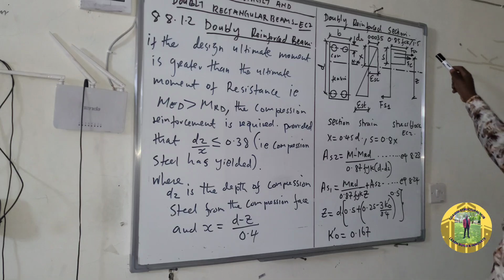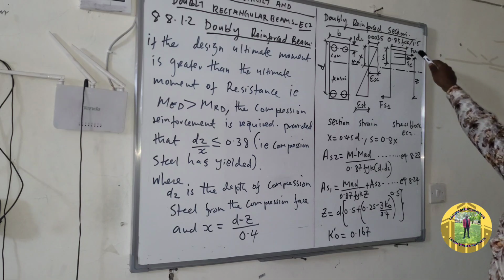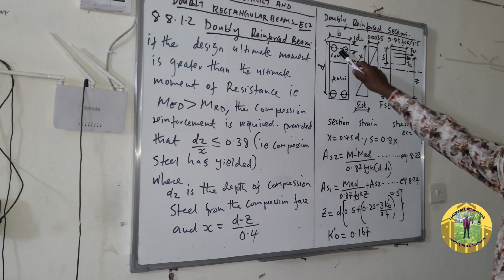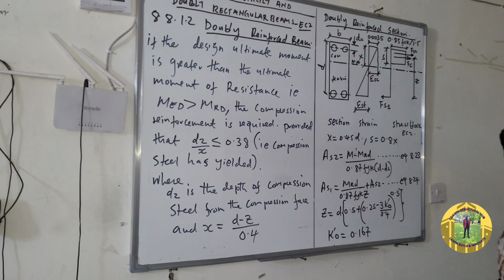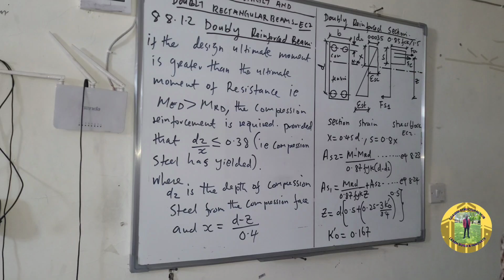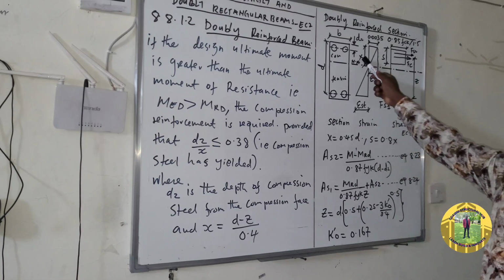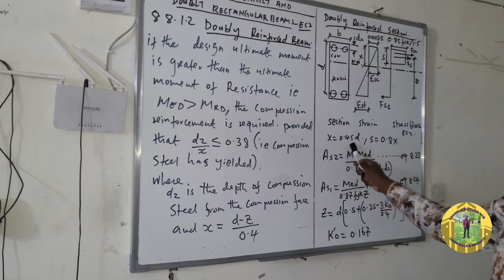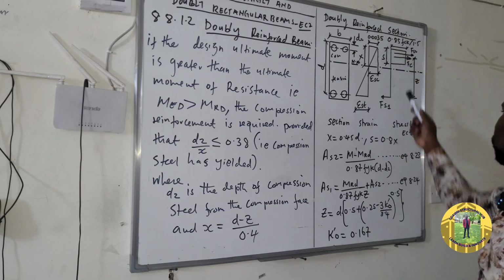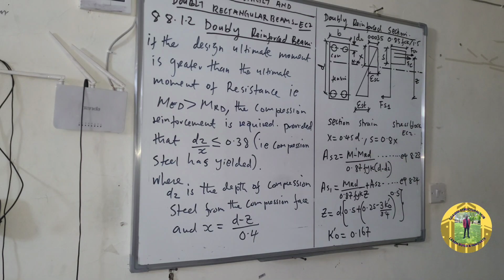Then you have another force on the upper side produced by the reinforcement steel in the compression zone, and then you have the compression force as a result of the concrete, and then you have distance Z. This distance x from here to here is equal to 0.45 d, and this distance s from here to here is 0.8x.